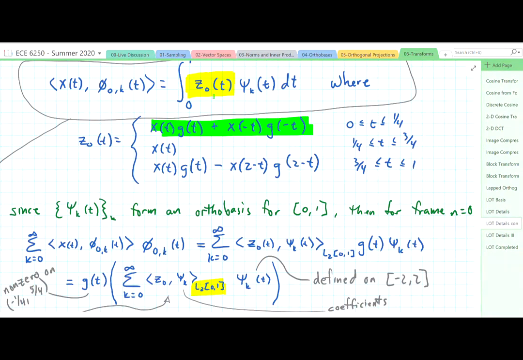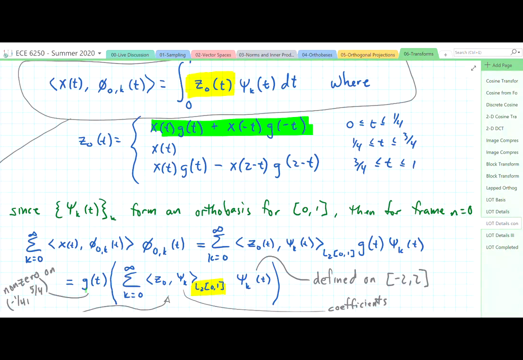So let's look at what this looks like then. On the left we have the expression that we're trying to evaluate, which is x projected onto phi, in this case 0, comma k, times phi 0, comma k. So we don't have the time intervals taken care of yet, but we'll do that in a minute. And we've just shown that that's equal to z projected onto psi.